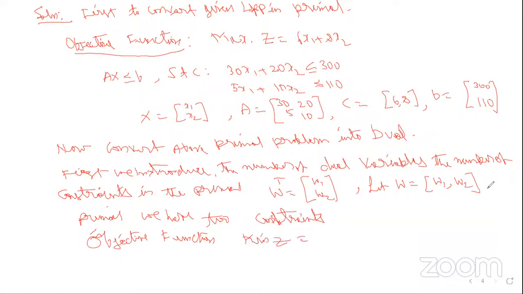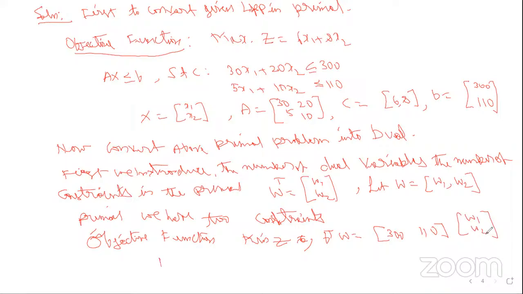Minimum Z equal to b transpose W, where b transpose equal to 300, 110, and W is W1, W2.